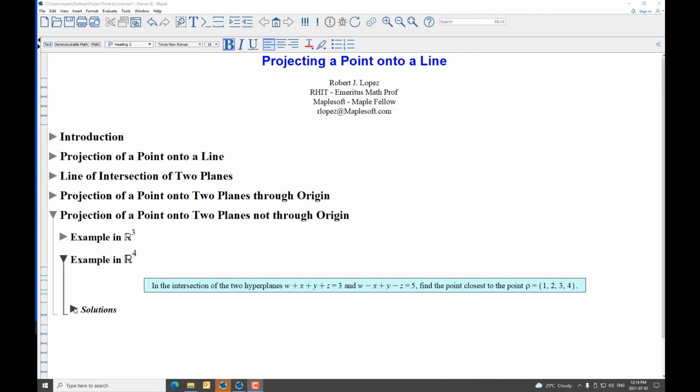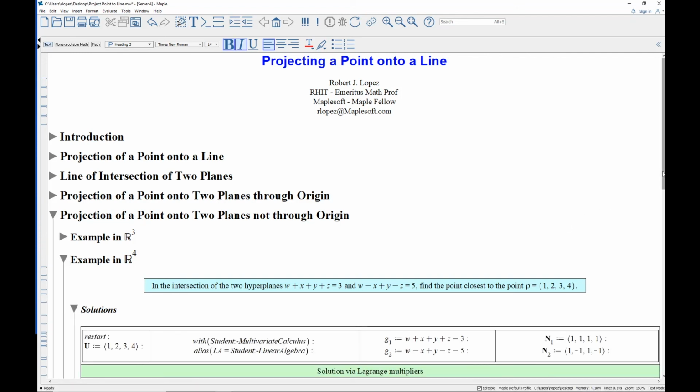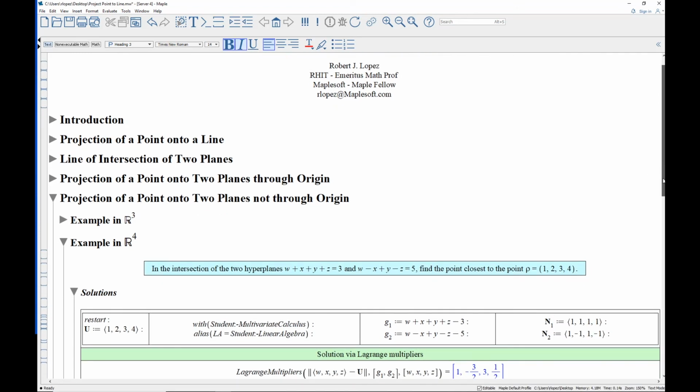I'm going to solve this in several ways, and here are some of the preliminaries that will help us carry through. I'll do a restart, define the position vector to the point u that I want to project. I will work in the student multivariate calculus package. I will invoke the linear algebra package for one command, define the constraints and the normals to these hyperplanes.